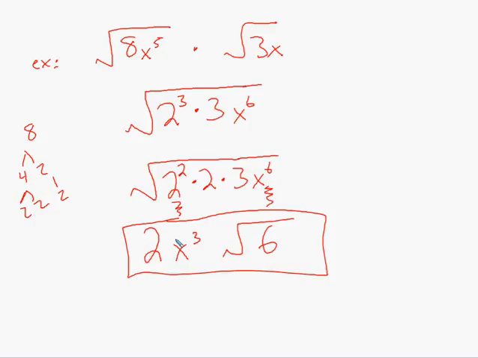All right. Division. So we're going to divide these now. The same rule applies. So here's our rule. We need our index, so if I have the nth root of A over the nth root of B, this rule does not come out as nice as the other one.